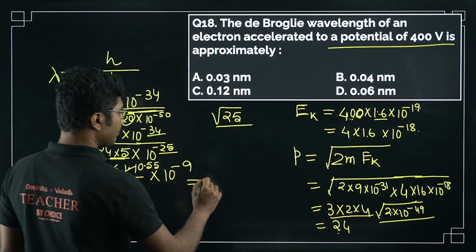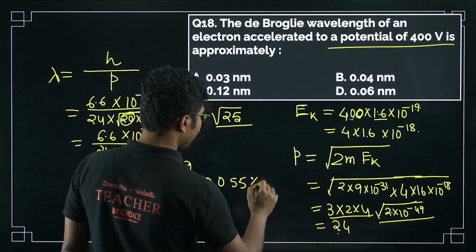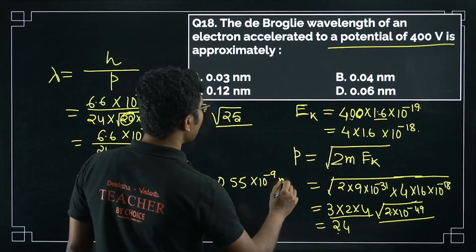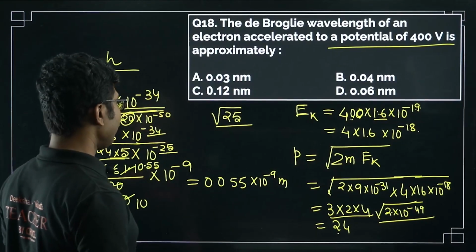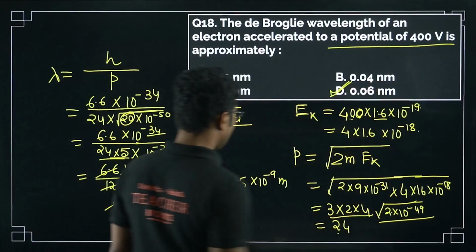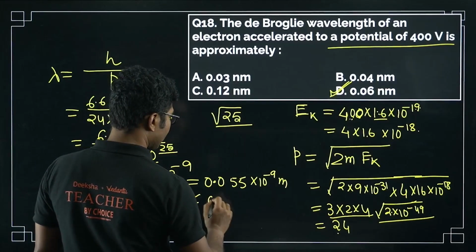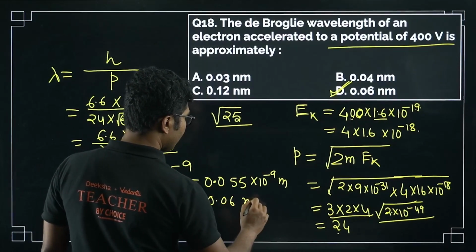So the answer will be 0.055 into 10 to the power of minus 9 meters, or 0.55 nanometer. So the answer will be 0.06 nanometer. Okay, so the nearest answer is 0.06 nanometer.